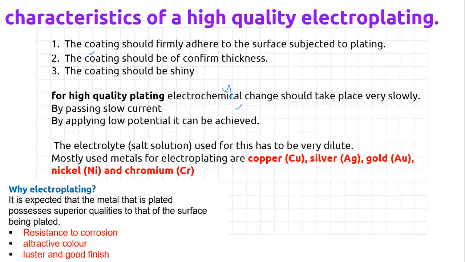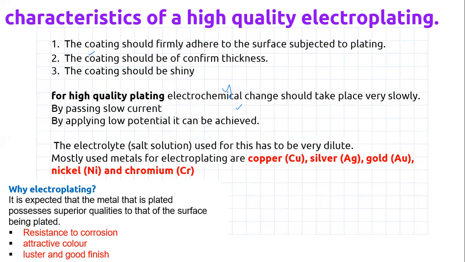Third one, luster and good finish. For example, for copper jewelry, we electroplate gold. It is because it gives a good look, and when we plate gold on copper jewelry, the value is high.